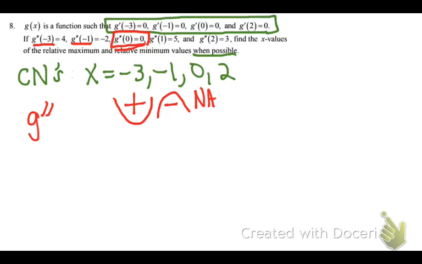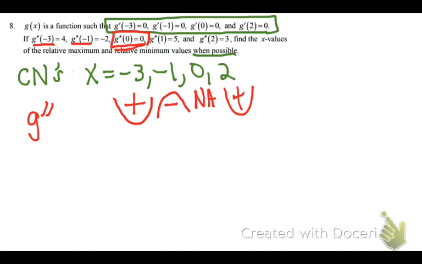And then g double prime of 1 is 5. That isn't really applicable here because 1 was not one of our critical numbers. And then g double prime of 2 is 3, which is positive. So that is concave up.